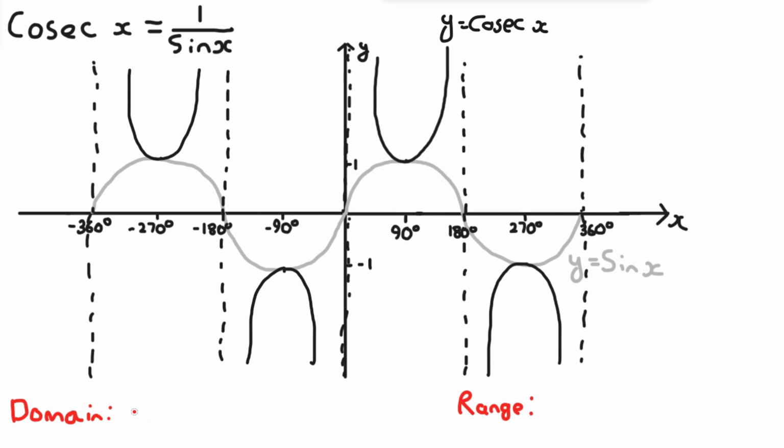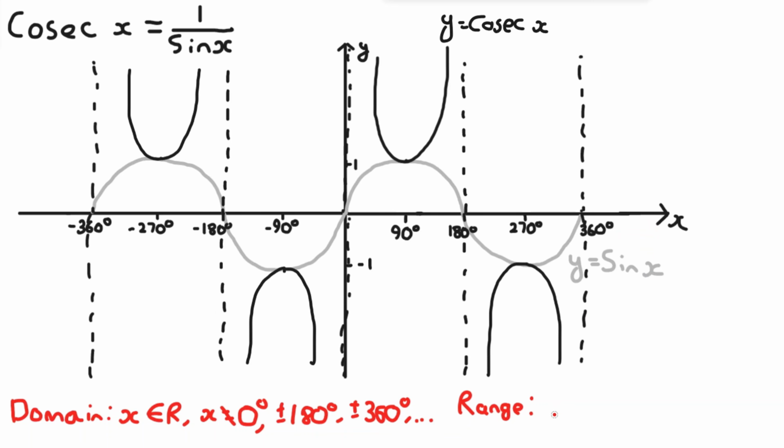The domain is similar to before, where x can be any real value except when sin of x is equal to 0. So therefore this is when x is equal to 0 here, when x is equal to plus or minus 180 degrees, or when x is equal to plus or minus 360 degrees, and then this will keep going like this.